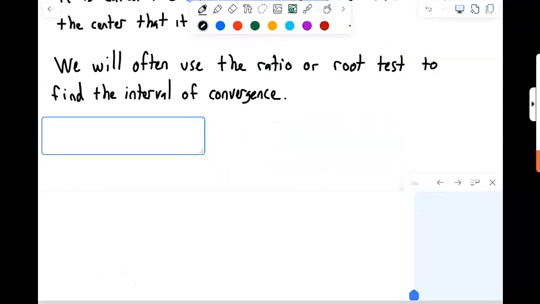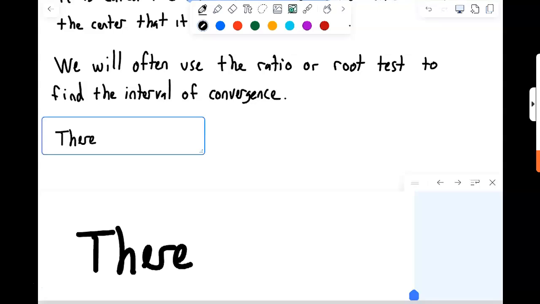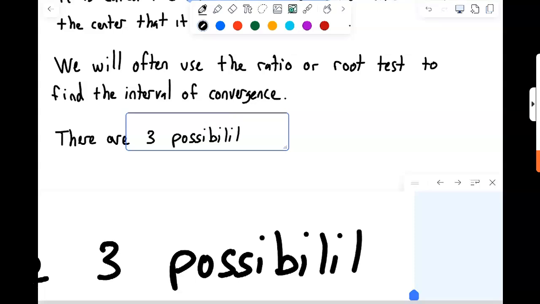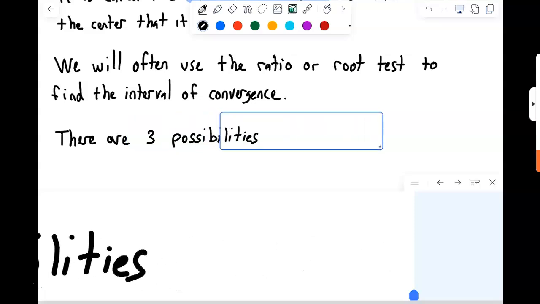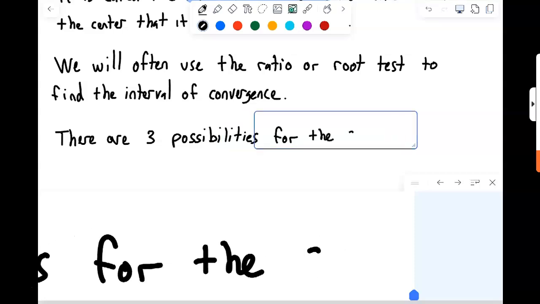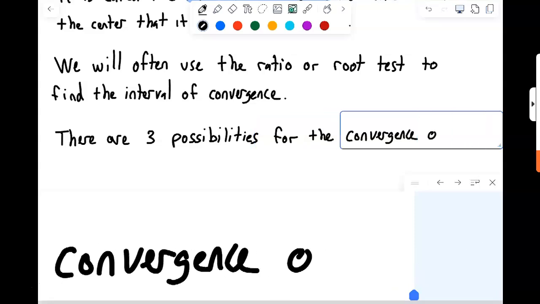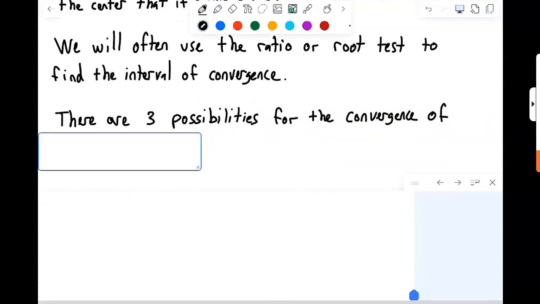When we look at the issue of convergence with power series, there are three possibilities, three different scenarios for convergence of a power series.